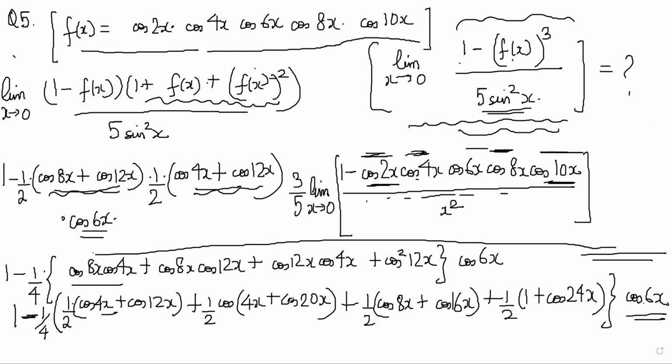Then at the end of all of it, you will get groups of terms like cos, cos, which you can put the values of.